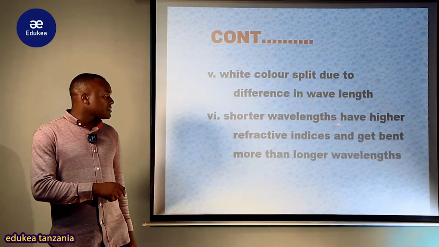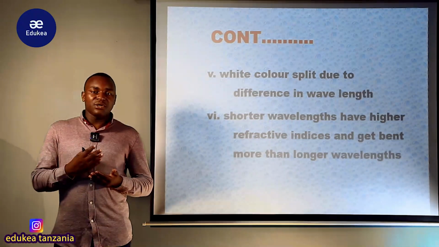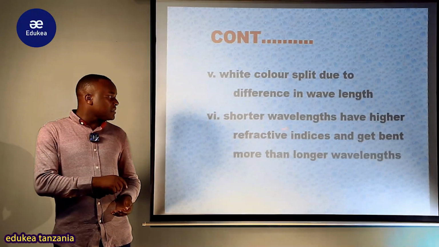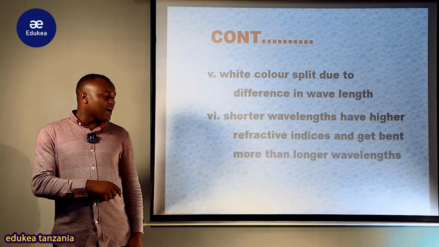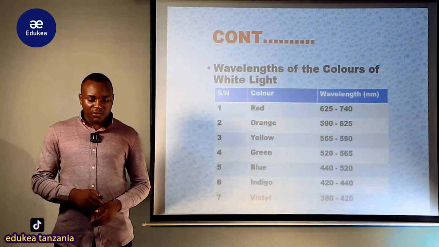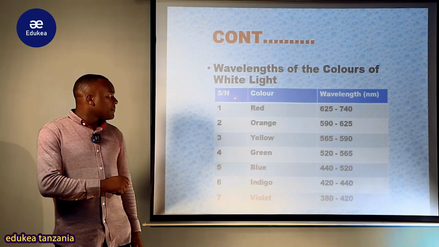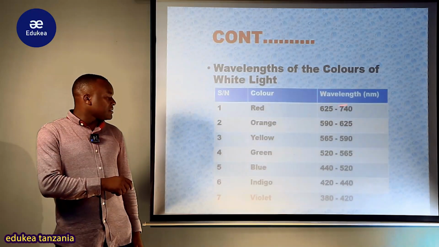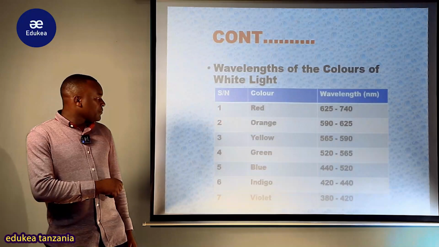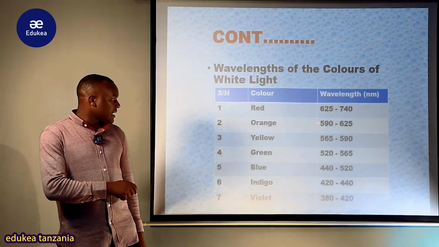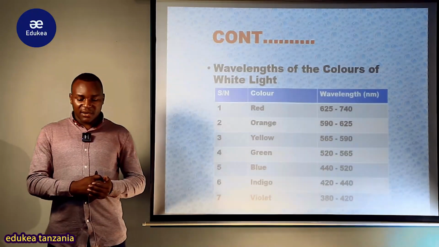But also shorter wavelengths have higher refractive indices and get bent more than longer wavelengths, kama tunavyoweza kuona hapo kwenye table ya wavelengths of the colors of white light, kwamba kuna serial number, kuna color na kuna wavelengths yake hapa, kwamba namba moja red, wavelengths yake ni hii hapa. Kuna namba mbili orange, wavelengths yake ni hii hapa. So in nanometers, unaona kwamba kila mmoja ana range yake ya wavelengths.